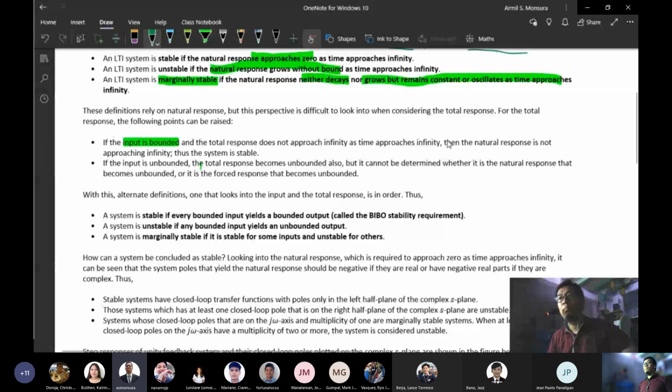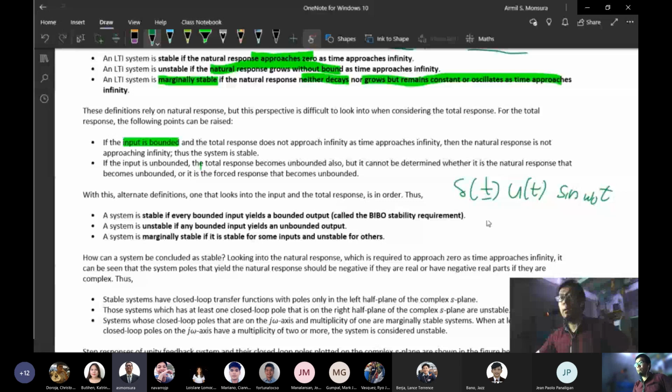Examples of bounded inputs are delta t, the step function, and the sinusoidal function.